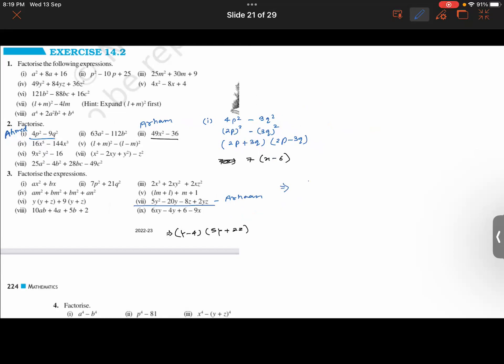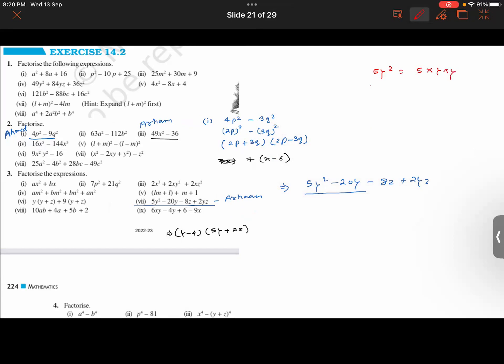Question number 7. So 5y square minus 20y minus 8z plus 2yz, that is the question. Now if you look at this, what common thing can be found here? Isn't 5y common in both of them? Yes, sir.